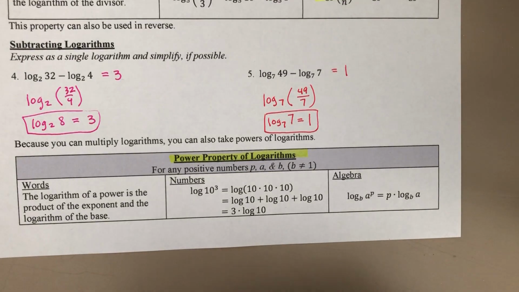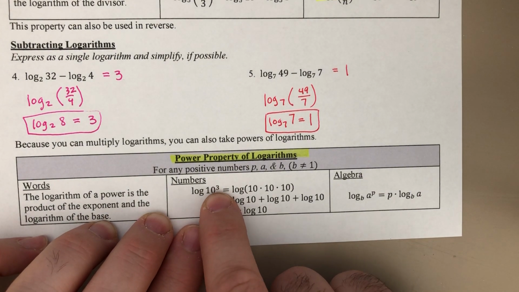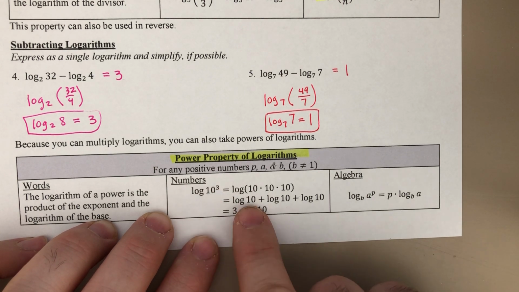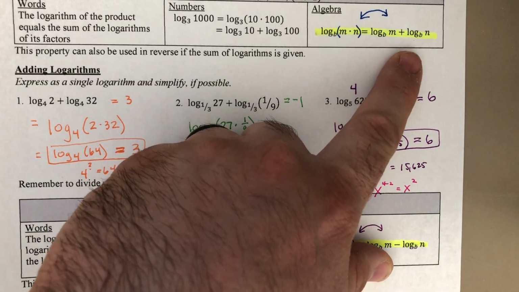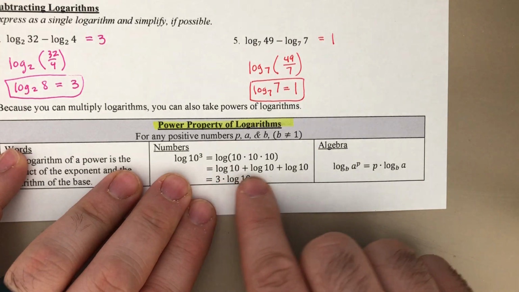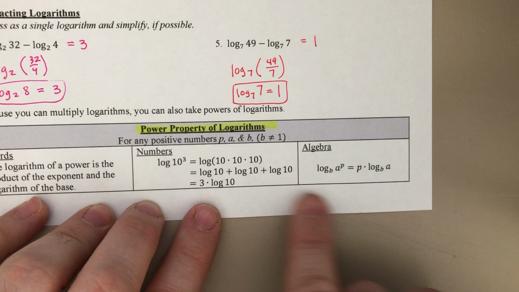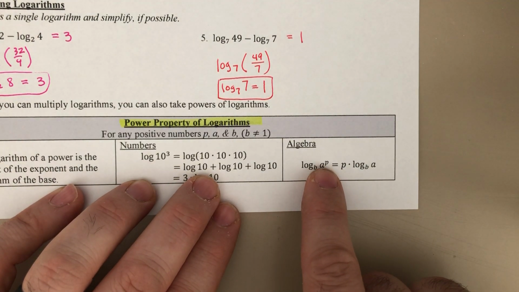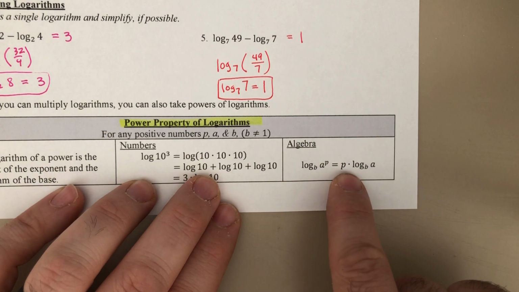which says, okay, let's see here. Log base 10 to the 3rd. So notice there's an additional exponent in here. This guy has this exponent, 10 to the 3rd, which is the same as 10 times 10 times 10. And if we really apply that product rule up here, that'd be like saying log 10 plus log 10 plus log 10. In other words, I'm doing 3 log 10s. And so what happens is, in log base b of a to the p, this additional little exponent in there basically comes in front and multiplies.